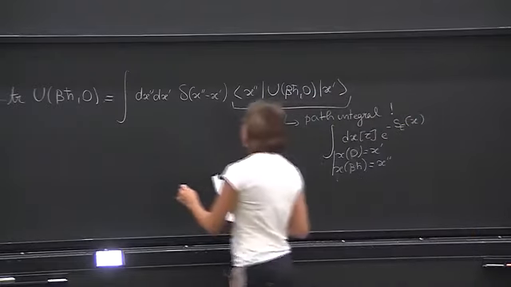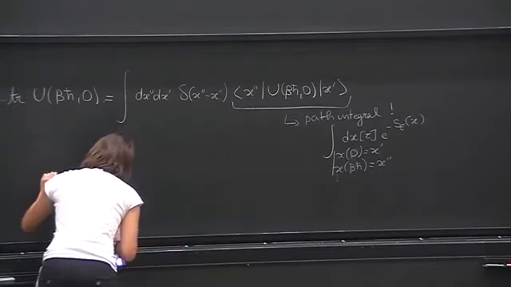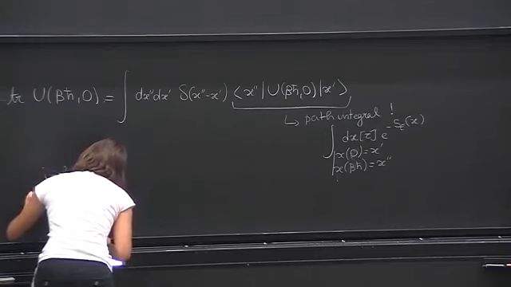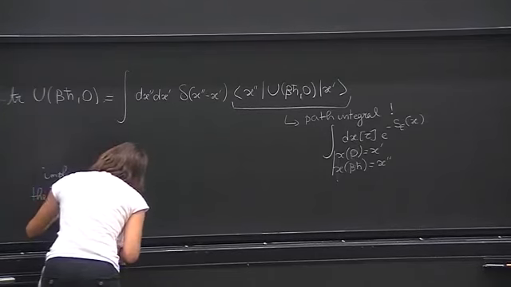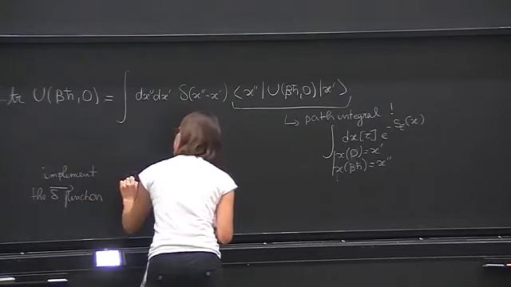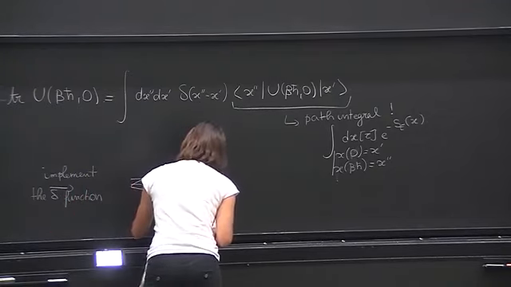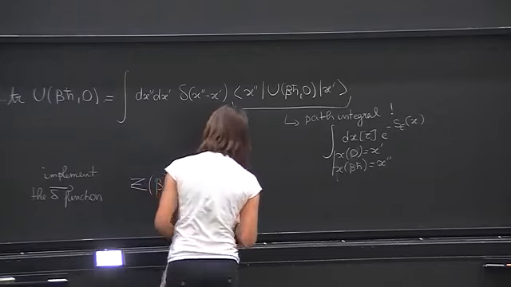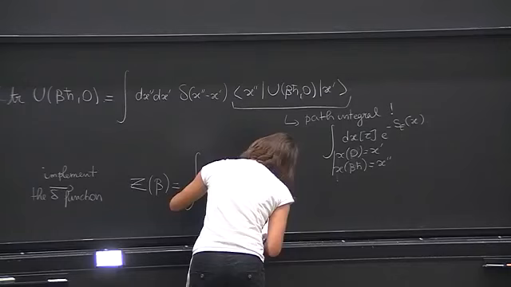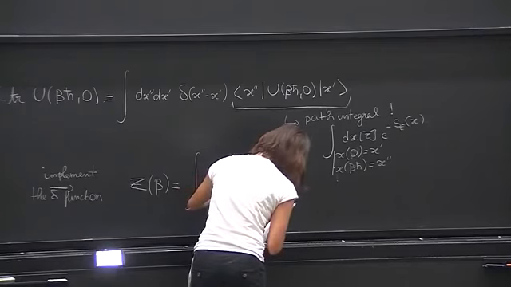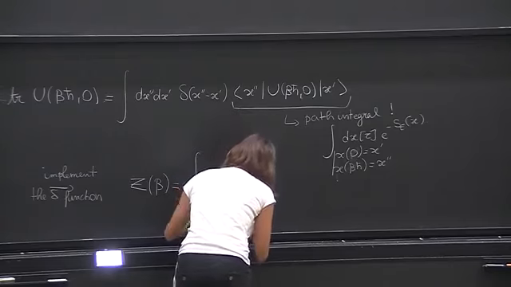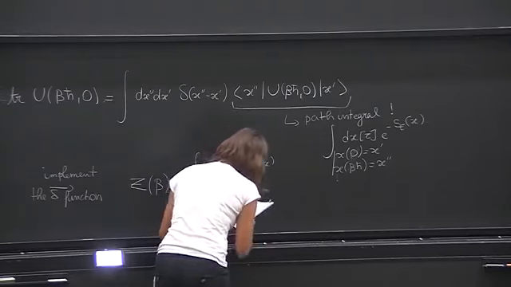So then now we can implement the delta function, and we get a simple representation as a path integral for the partition function, where now the paths that we consider are satisfying this boundary condition.